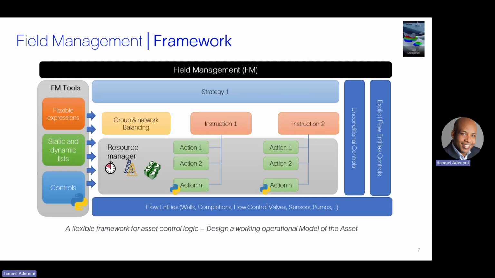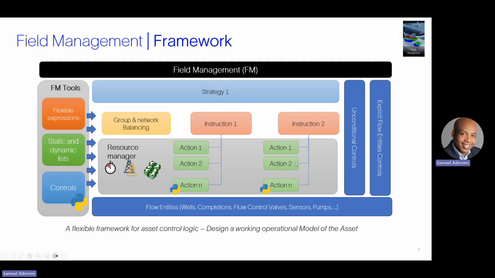And this slide illustrates the architecture of Intercept FM, how it provides a flexible framework for the asset level control logic that I've discussed. At the core is the strategy, which defines the operation objectives that you have and determines which actions are executed.